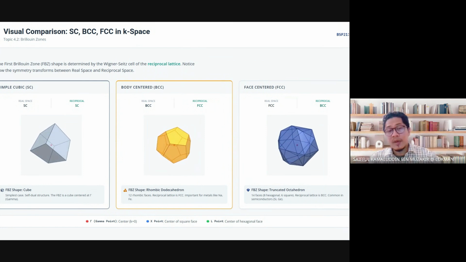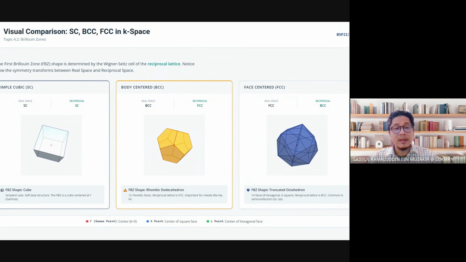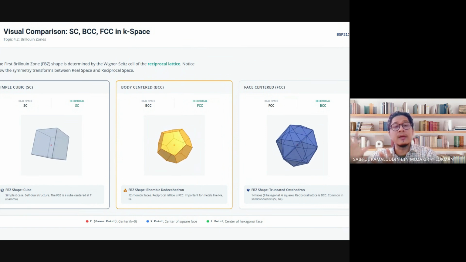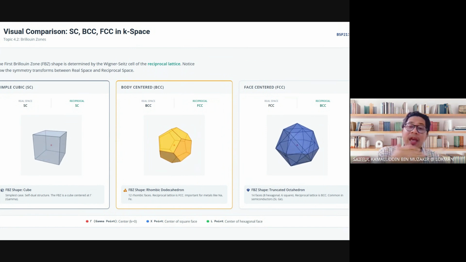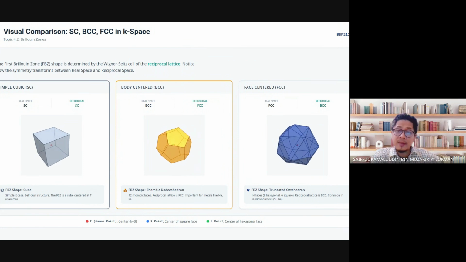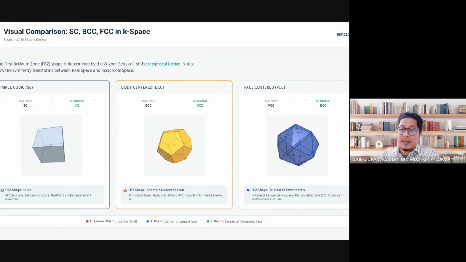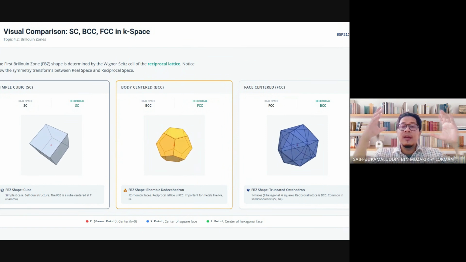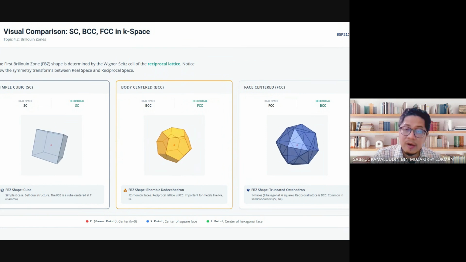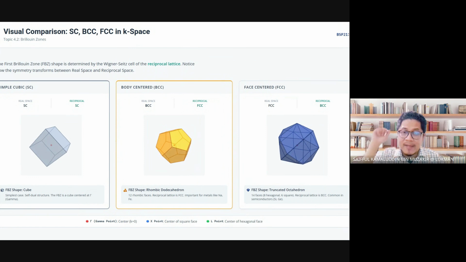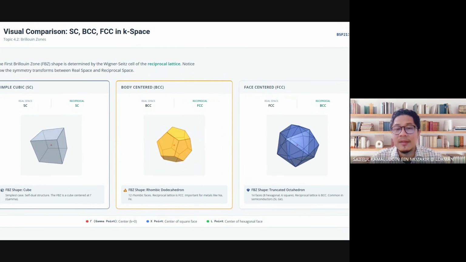And in the three-dimensional system, the Brillouin zone is not a BCC, but instead it is a rhombic dodecahedron. And how about for an FCC? FCC in real space is BCC in reciprocal space, and the shape of the first Brillouin zone is the truncated octahedron.